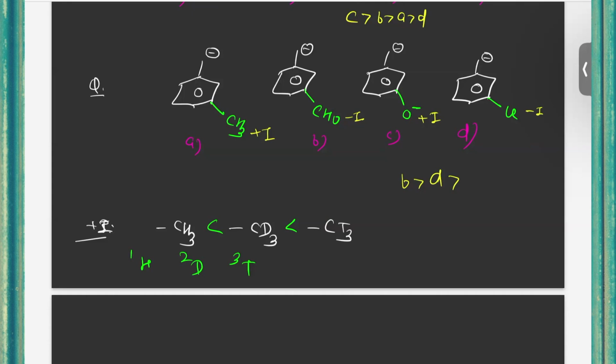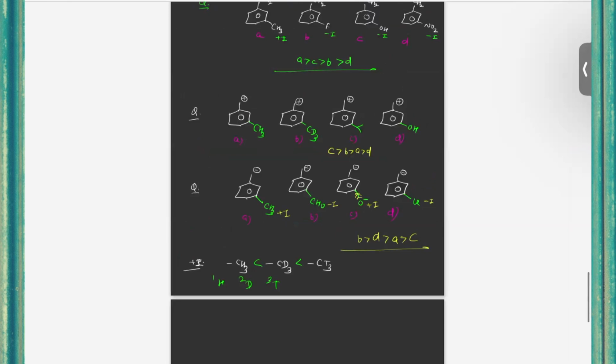So it will donate electron density more always, right? So the atom which is negative charge will donate the electron density more. That is why in the case of C, it will be more donating. So when it is more donating, that means it is destabilized. So C is more destabilized, then it will be A. This is the order.